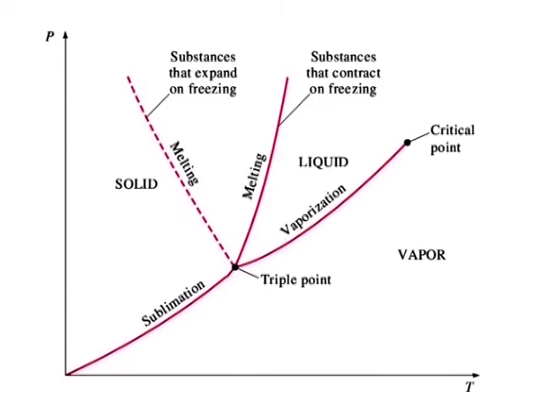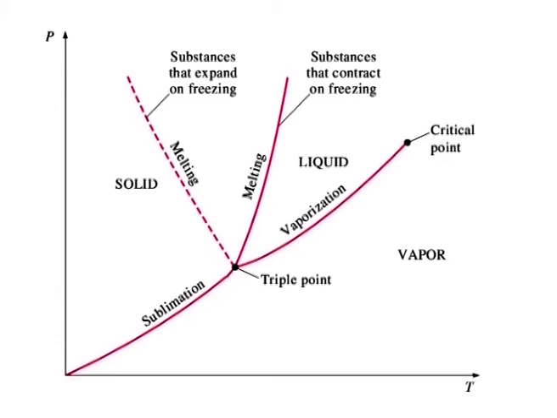The PT diagram. The figure here shows the PT diagram of a pure substance. This diagram is often called the phase diagram since all three phases are separated from each other by three lines. The sublimation line separates the solid and vapor regions.